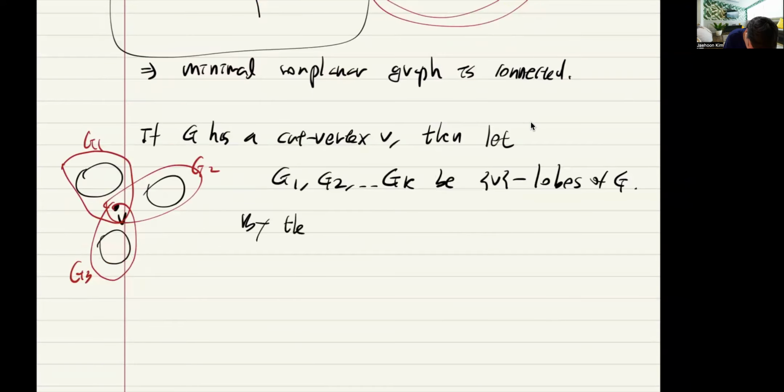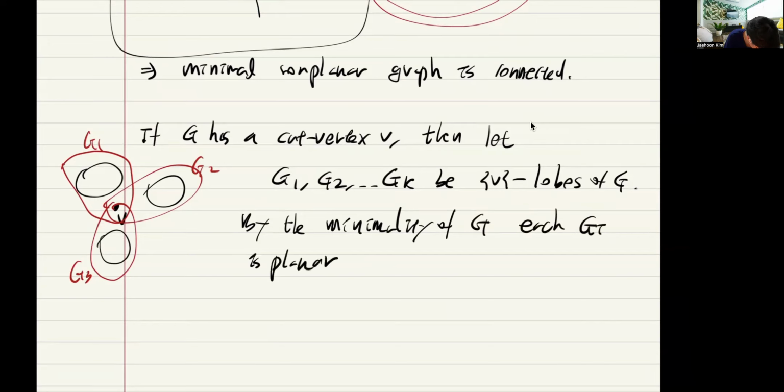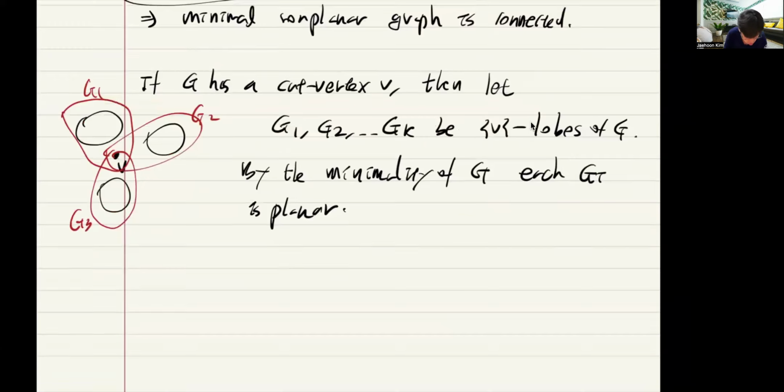Then by the minimality, each Gi is planar. And what do we have?